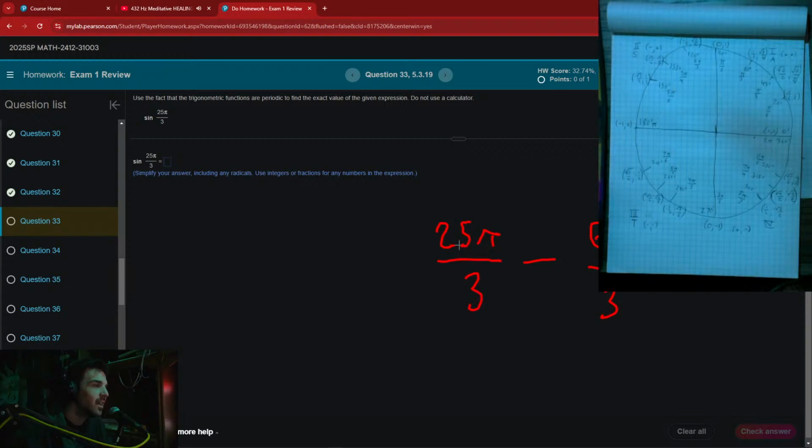We're just gonna subtract 6 pi over 3 from the question itself until we're left with something smaller than 6 pi over 3. So I can sort of just see that 6 times 4 is 24.